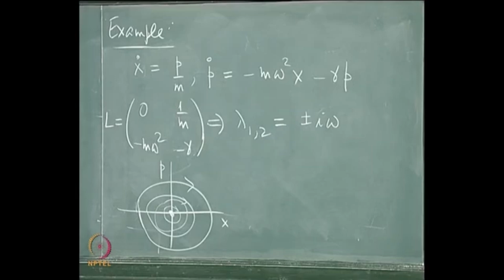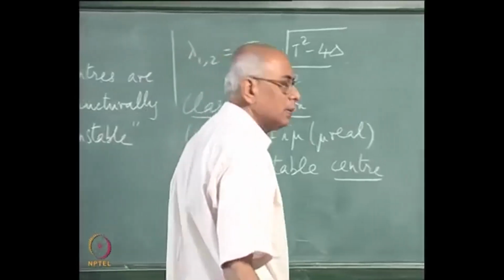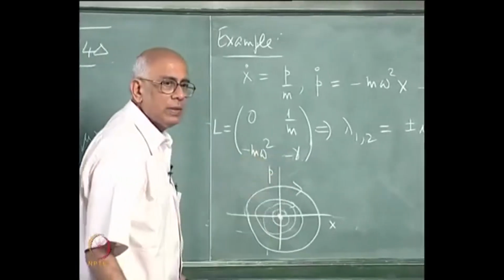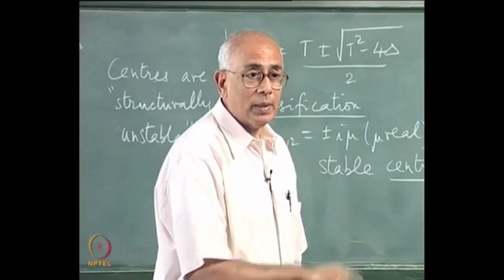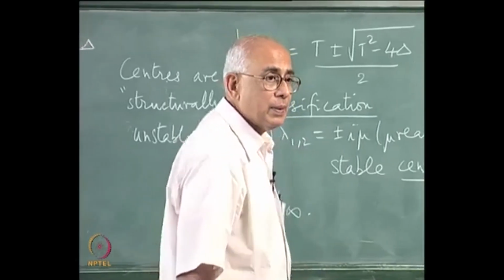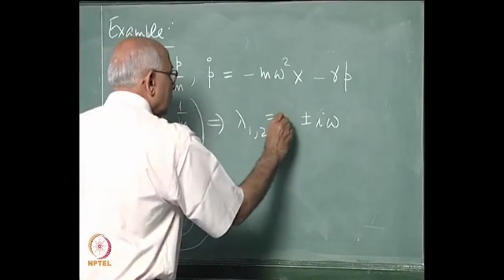What are the eigenvalues of this? They are minus gamma plus or minus i omega, and therefore the eigenvalues do not look like this at all.